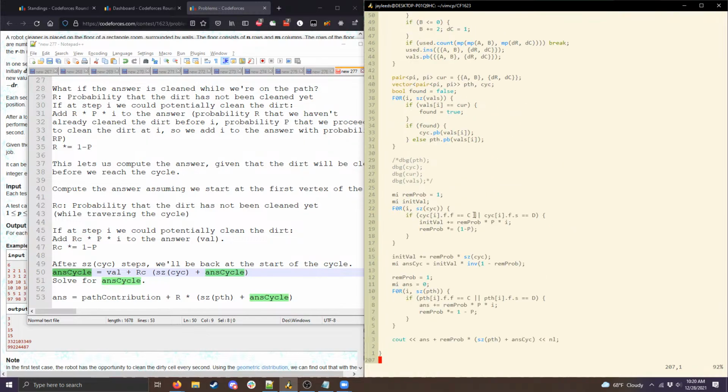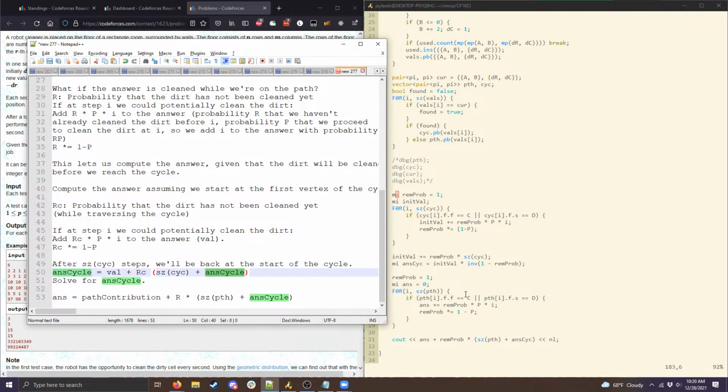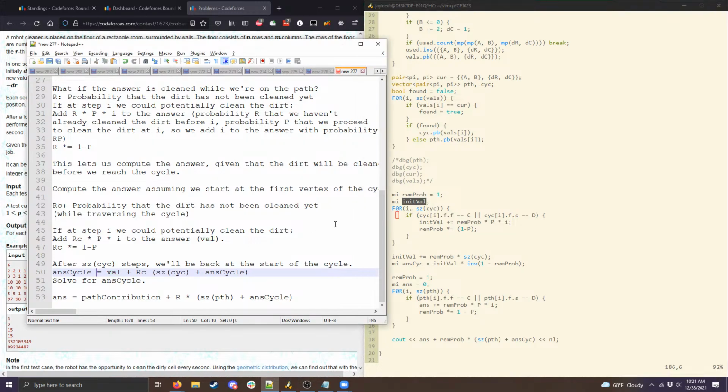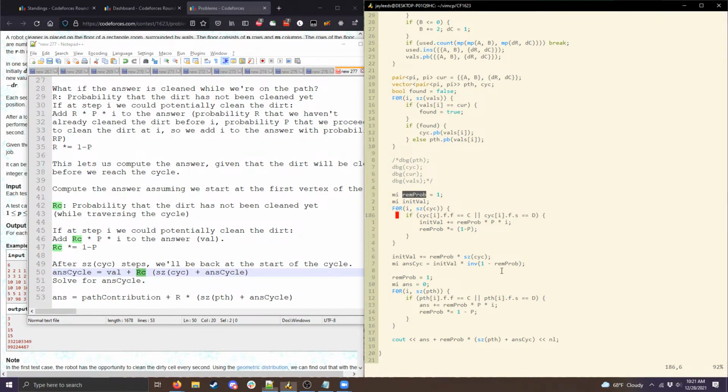So then I iterate through. I first start by computing. I use remprob to represent RC and initval to represent val. Initval represents val, remprob represents RC, and ans cycle represents ans cycle.